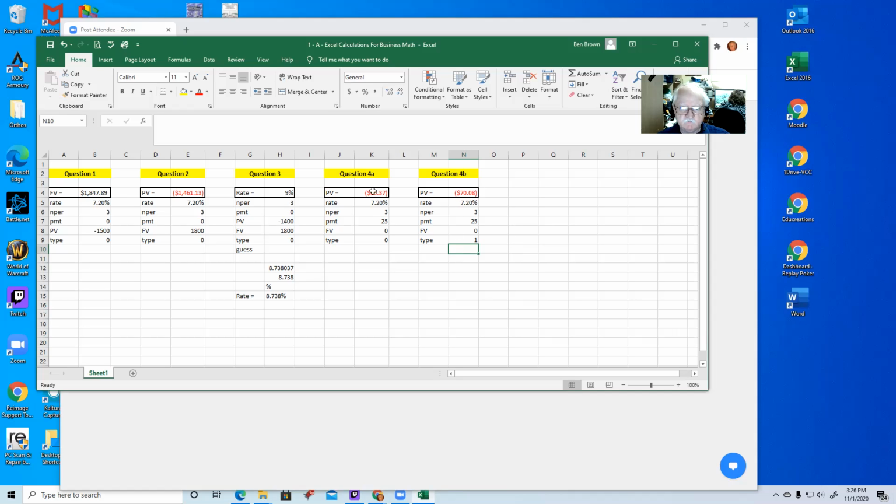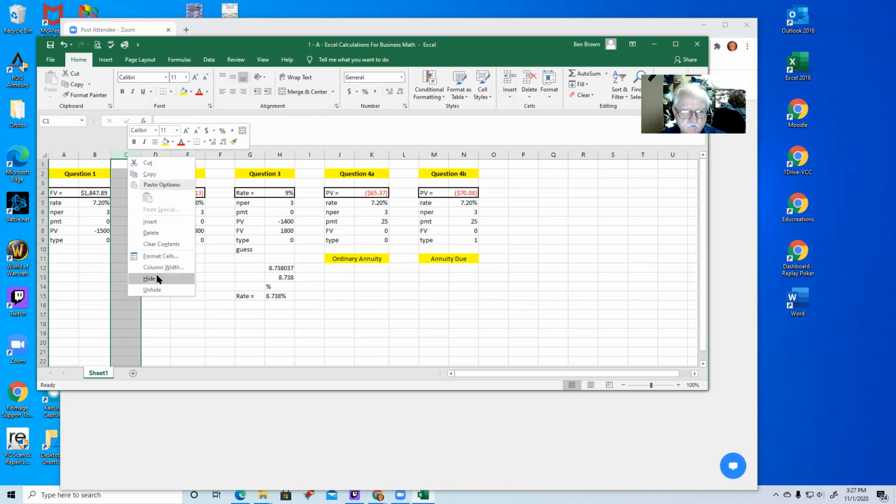So the only difference between 4A and 4B as far as Excel is concerned is type is 0 for ordinary annuity. So we can label that so we can remember. And this one where type is 1 is annuity due. So good to keep track of what the difference between the two of them is.